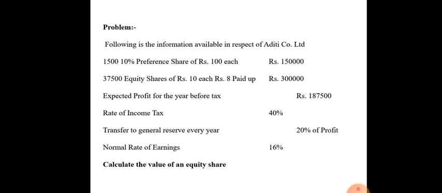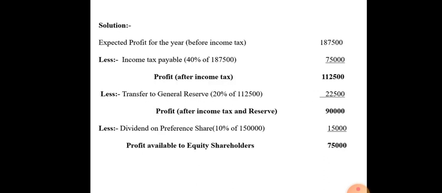Now see, first of all we should know what's the profit available to equity shareholders. How to calculate it? First of all we take the expected profit for the year before tax, it's 1,87,500. Expected profit for the year before income tax is 1,87,500, less the tax.